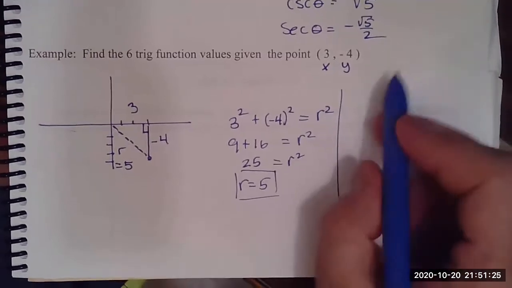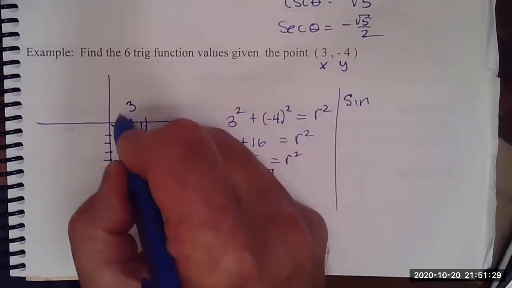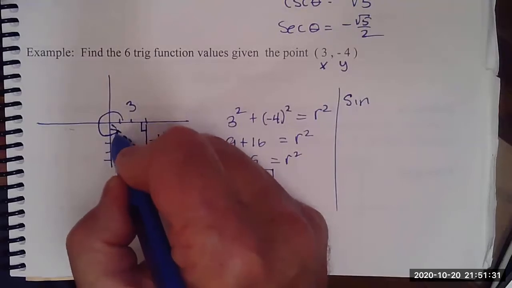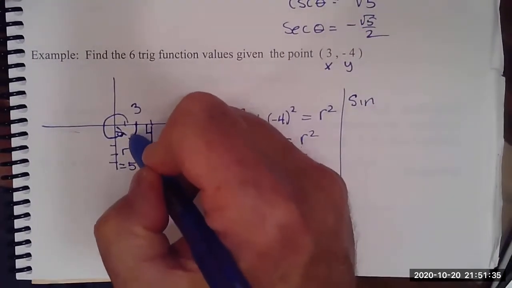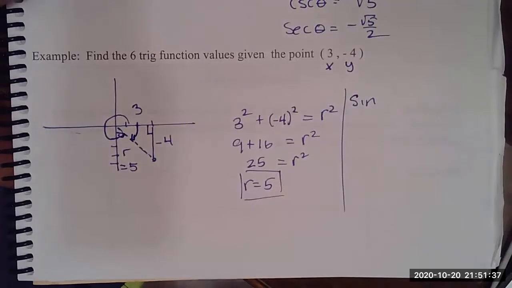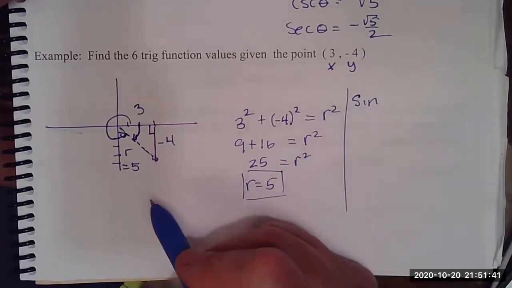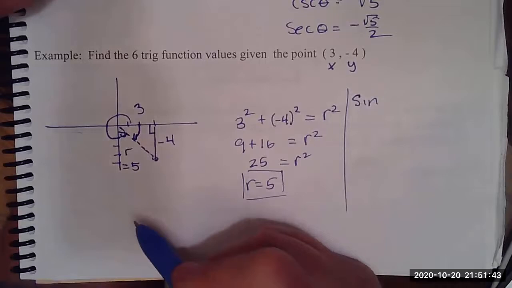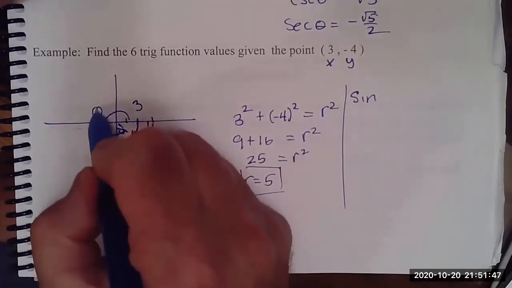So here we go again. Sine. You might say it's this angle right there, which is positive. Or interestingly enough, if I did this one here, that would be negative, and it gets me to the same point right here. More about that later. So sine of, let's call that theta right there.